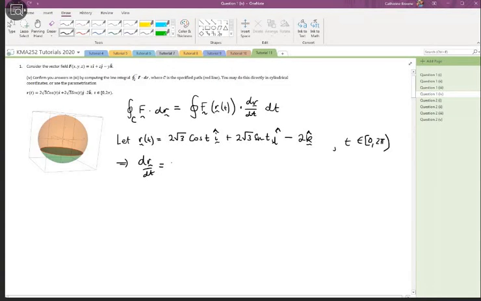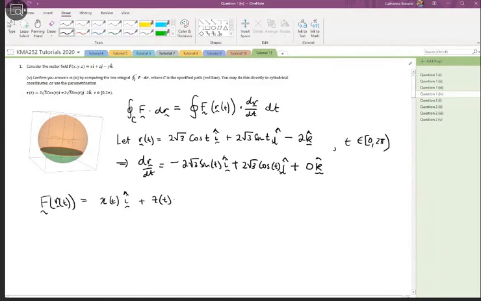So that's minus 2 root 3 sin t i plus 2 root 3 cos t j plus 0k, because the 2 is just a constant there. And then we also want to find the vector field when we sub in this parameterization.